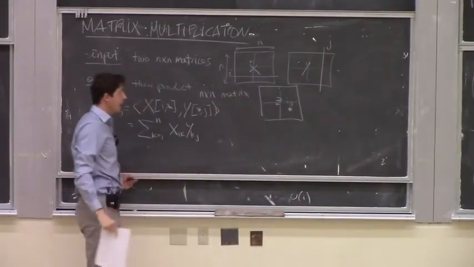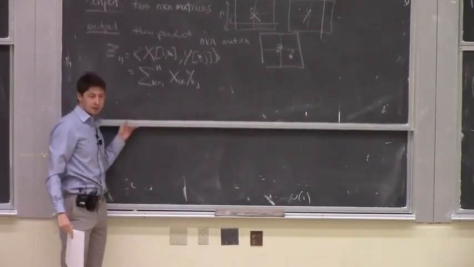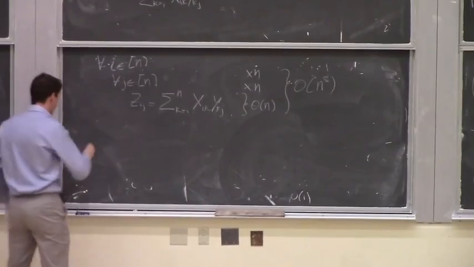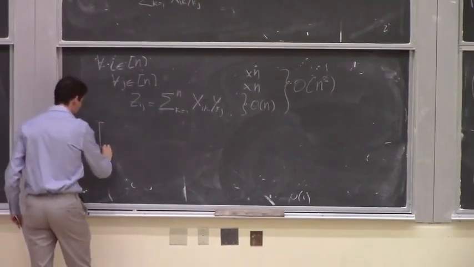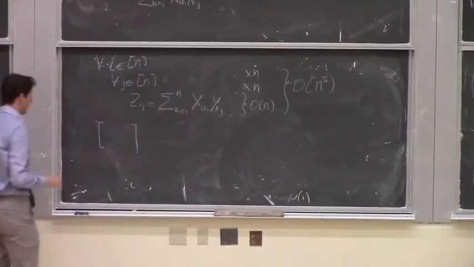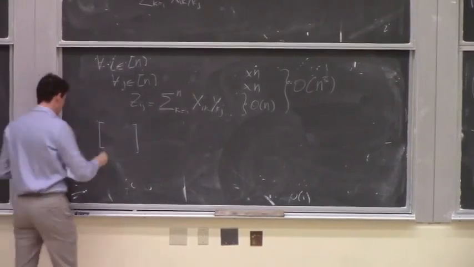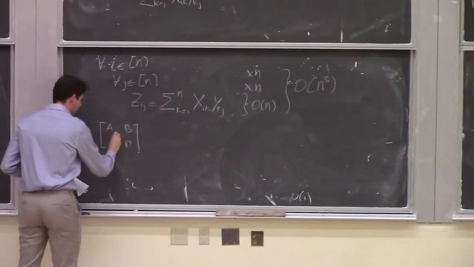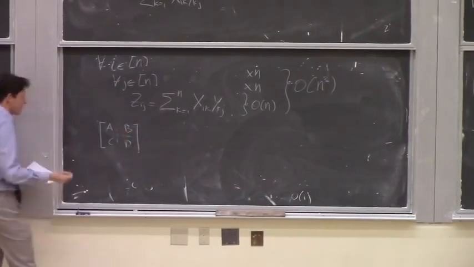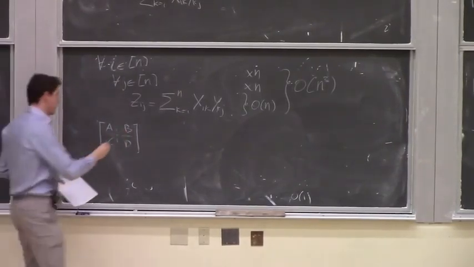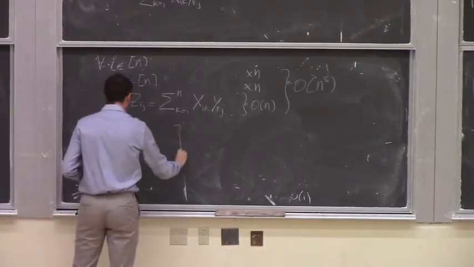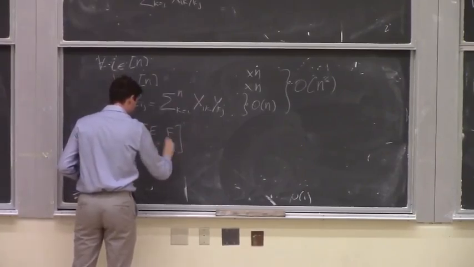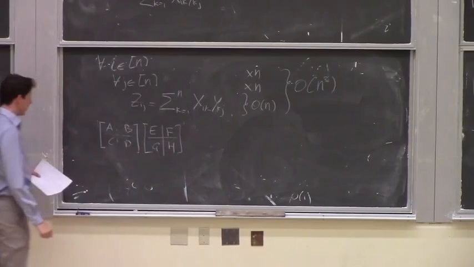So now you think of X, Y, and Z as each made up of 4 blocks. If you do it, then essentially what you're asking is multiplying two things that look like this, A, B, C, D. You can think about these as integers or as themselves matrices. And you multiply them by, say, E, F, G, H. OK, these are the quadrants, the blocks.